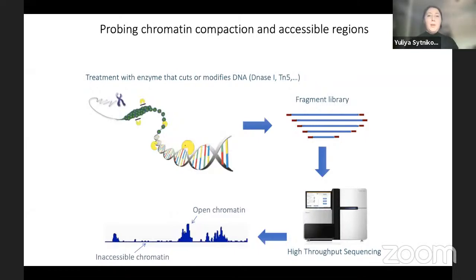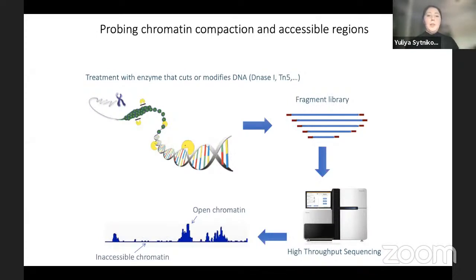The majority of chromatin profiling methods could be summarized in this way: you treat isolated chromatin or permeabilized nuclei with enzymes which could either cut or modify DNA.